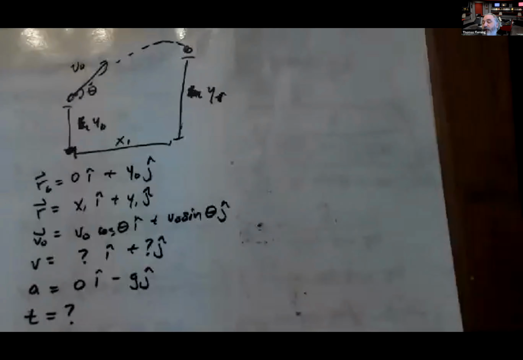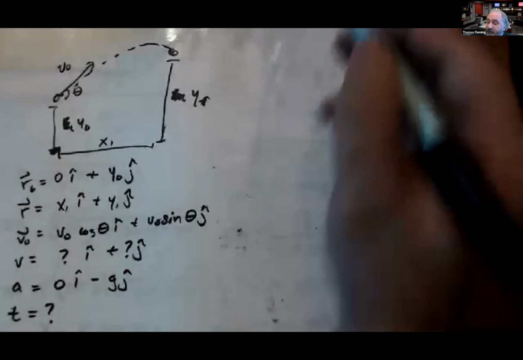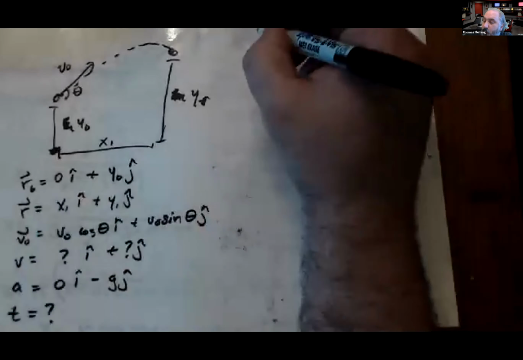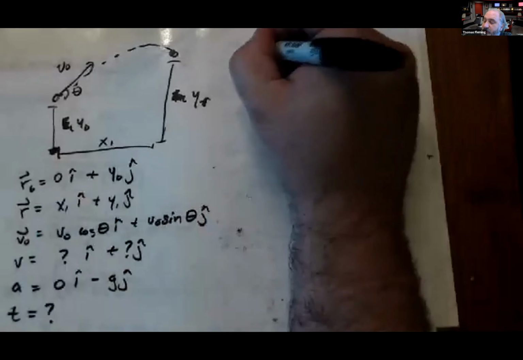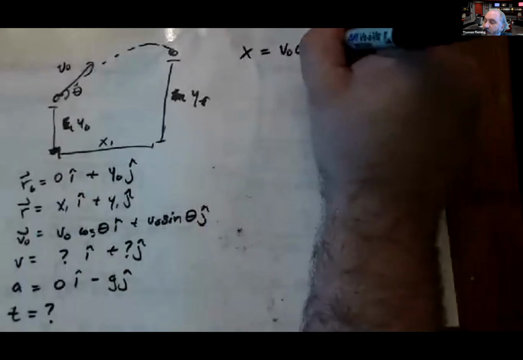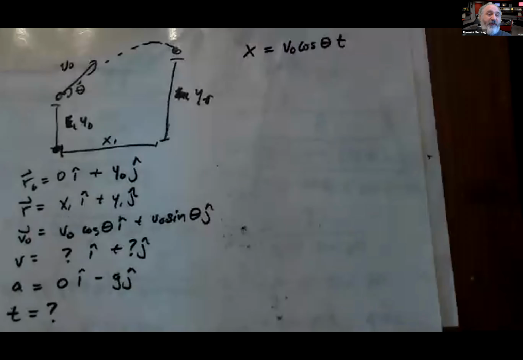And if I use the equations of motion in the x direction, what's going to happen is I've got 0 for my starting x position. I've got 0 for my acceleration. So the position equation would be just x final equals v initial cosine theta times t. The 1/2 t squared part would cancel, just like it did in the previous problem.